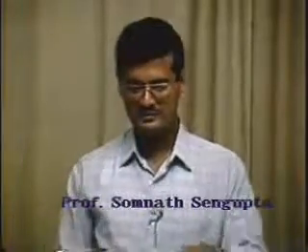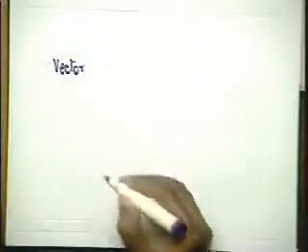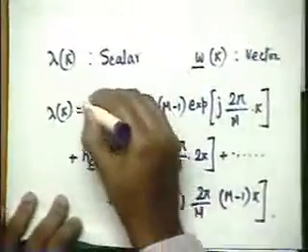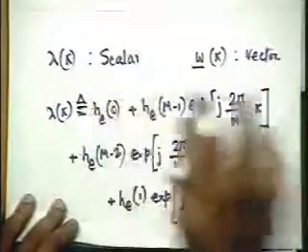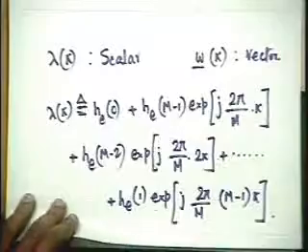And now the wk vector I am defining as follows. The vector wk, so let me write down here that this is lambda k by definition. I have just formed a series, and by definition I am putting that as lambda k.